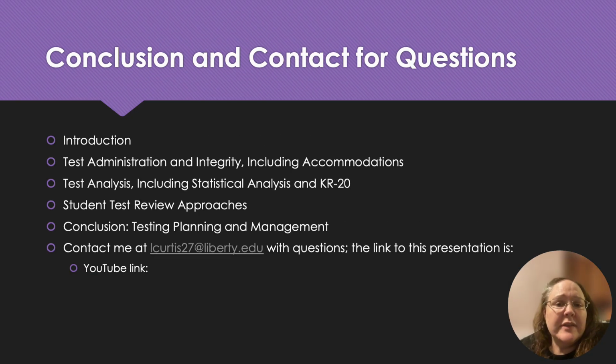So in conclusion, we discussed the test administration and integrity, including accommodations and accessibility. We talked about the quantitative test analysis, including statistical analysis and KR20, reliability and validity. We talked qualitatively about student test review approaches. And testing is not just about writing an excellent test.